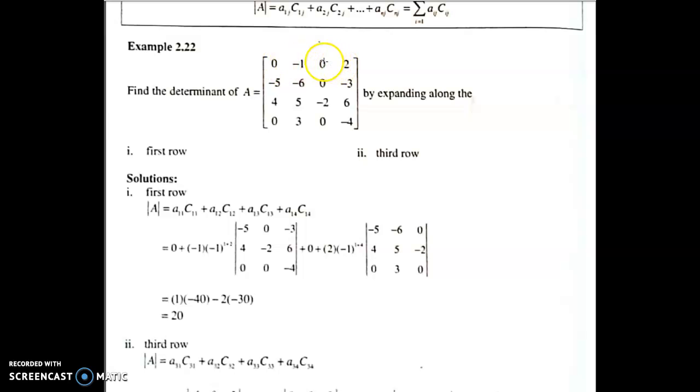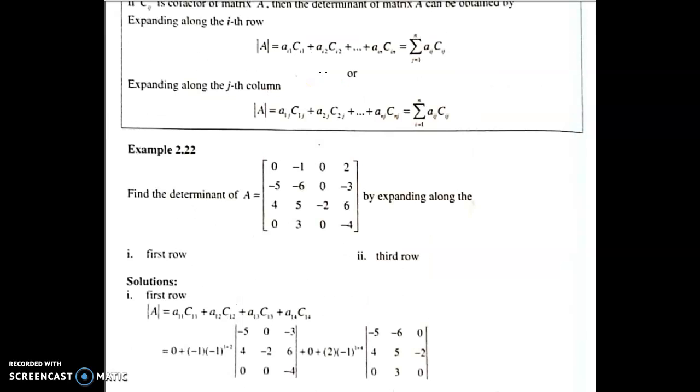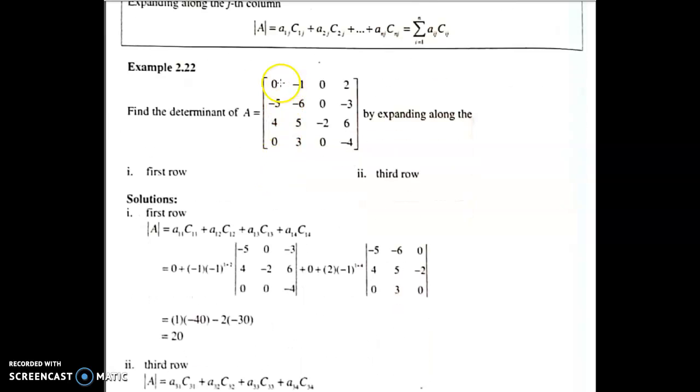Because the formula is element times cofactor, for this element and this element, we don't need to bother finding the cofactor, because when we multiply it later, we will get 0. So we just ignore these two.